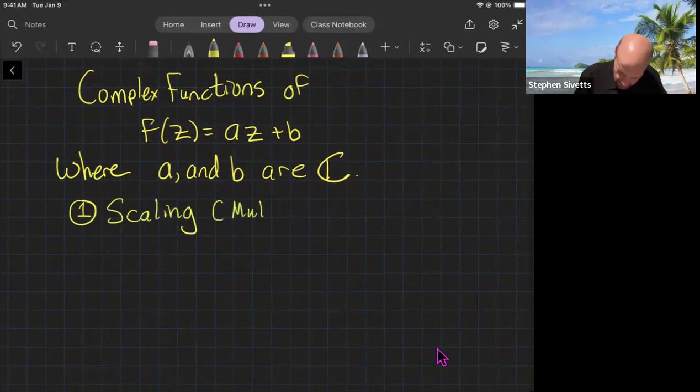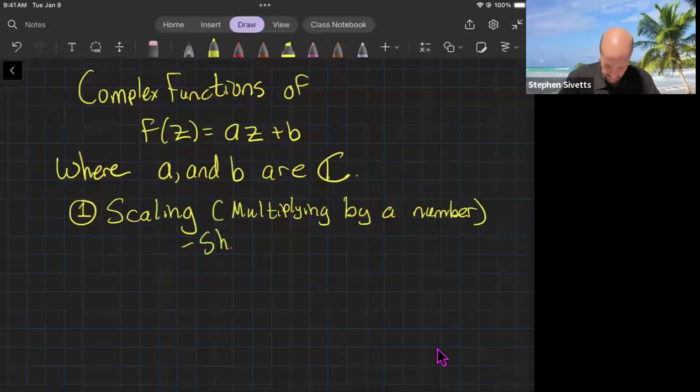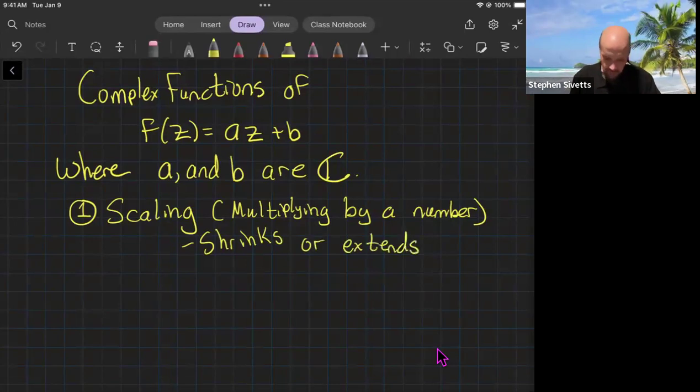So multiplying by a number usually does that. Either shrinks or extends, depending on the modulus of that number, right?